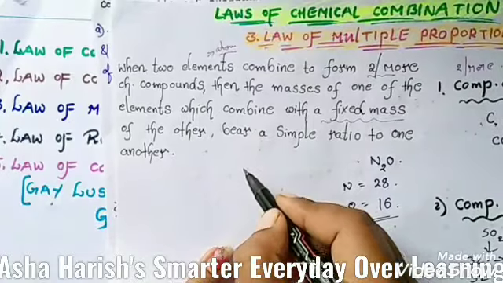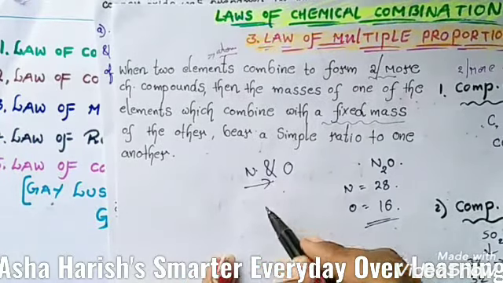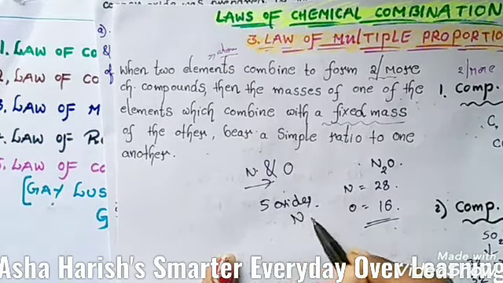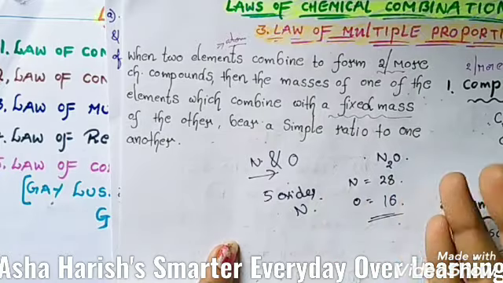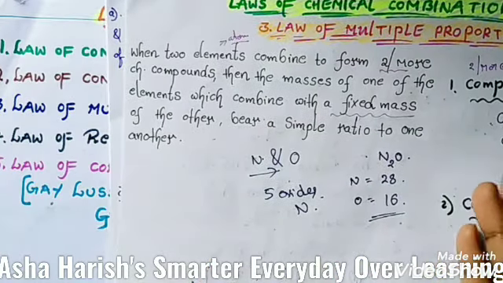Now compounds of nitrogen and oxygen. The elements nitrogen and oxygen combine to produce as many as five oxides of nitrogen: nitrous oxide, nitric oxide, nitrogen trioxide, nitrogen tetroxide or peroxide, and nitrogen pentoxide.